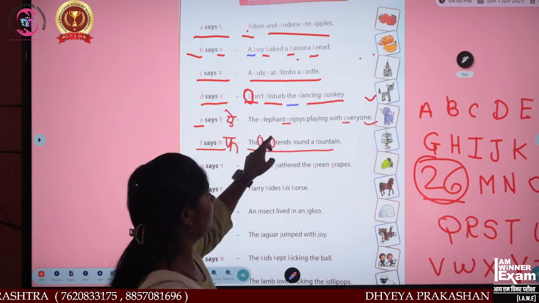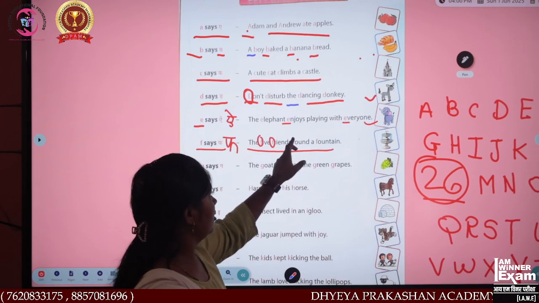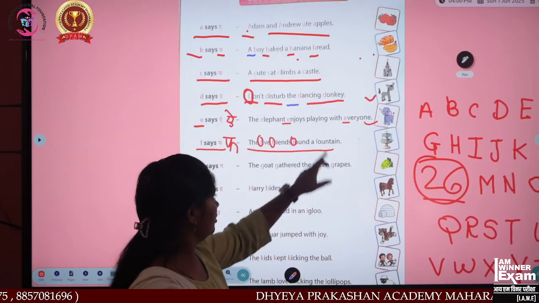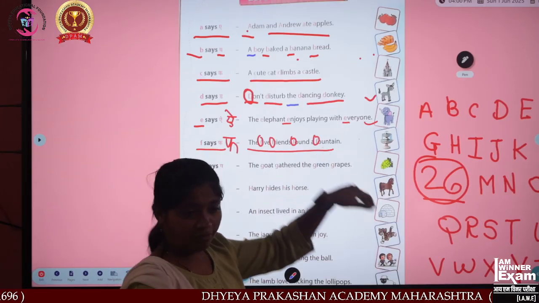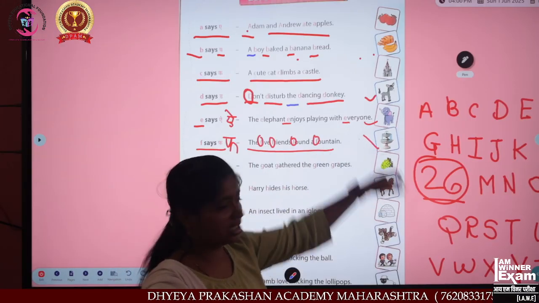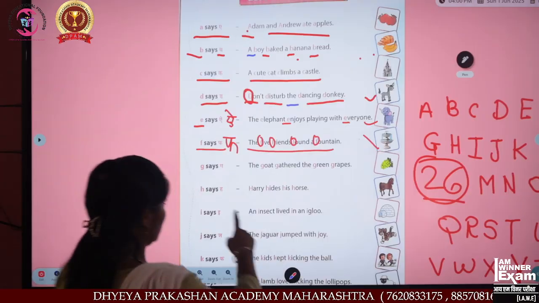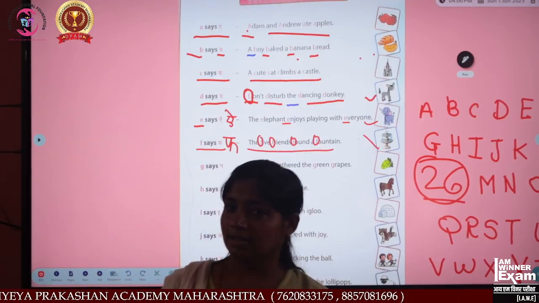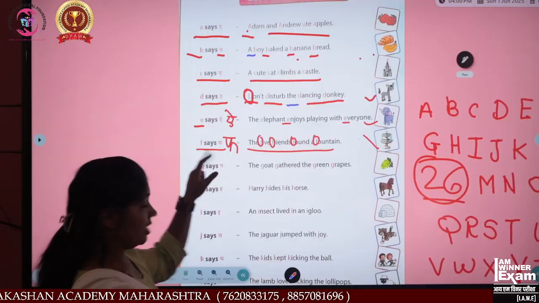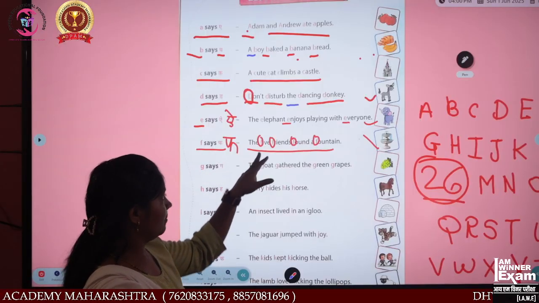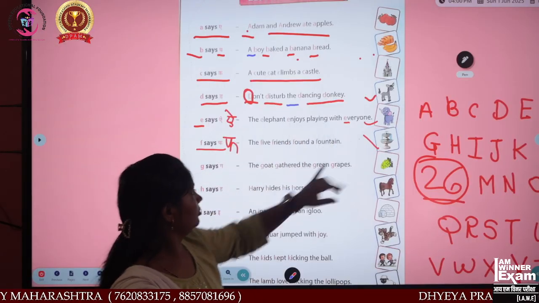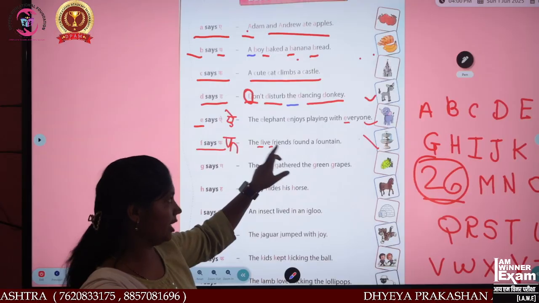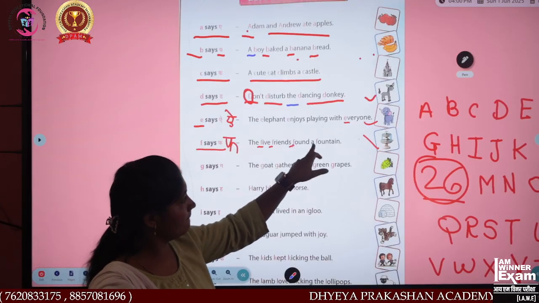Five. Friends. Found. Fountain. This picture is fountain. So F says F. So five friends found a fountain.